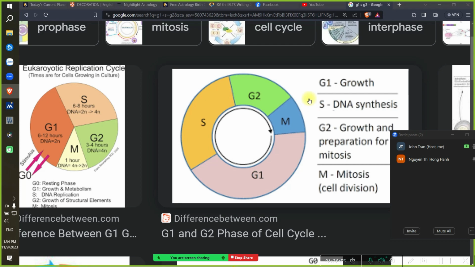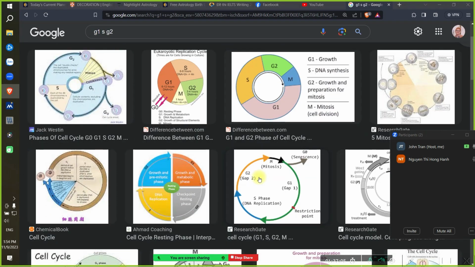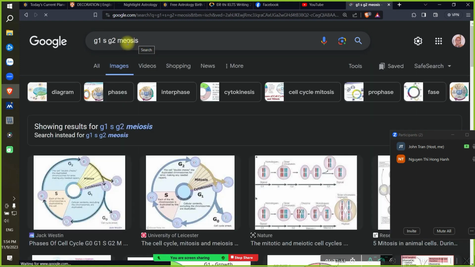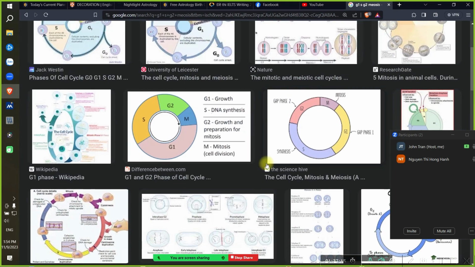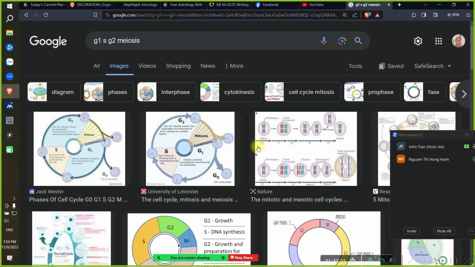I mean, where is the meiosis in that picture? Well, I don't think people do that anymore. I don't think people ever draw those pictures like that.